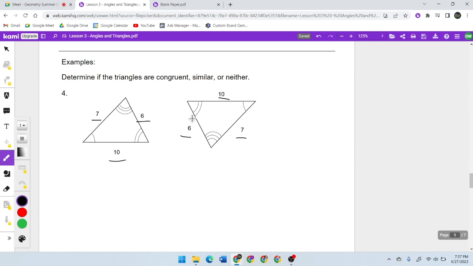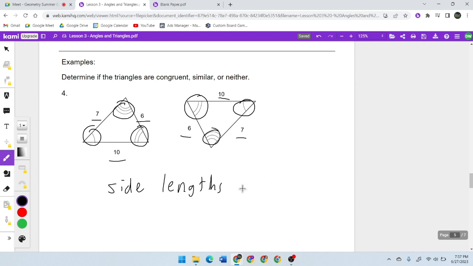By the way, these angle symbols mean that these angles are congruent, these angles are congruent, and the two marks are congruent. That's what that means. But I didn't even need that because the side lengths are the same, and because the side lengths are the same, then that means the two triangles must be congruent to each other.